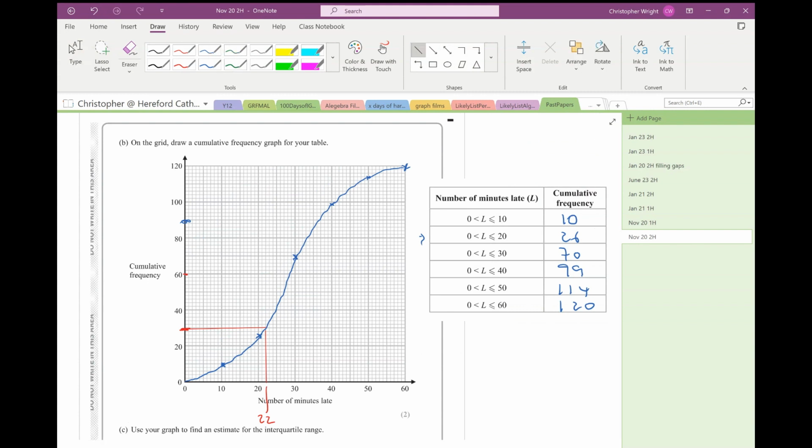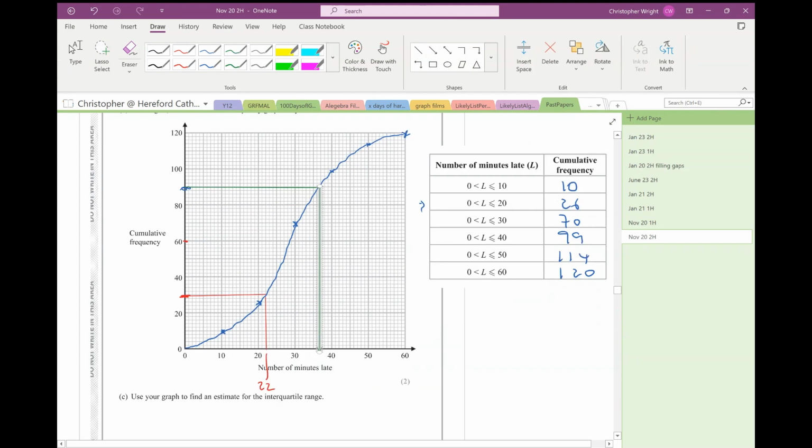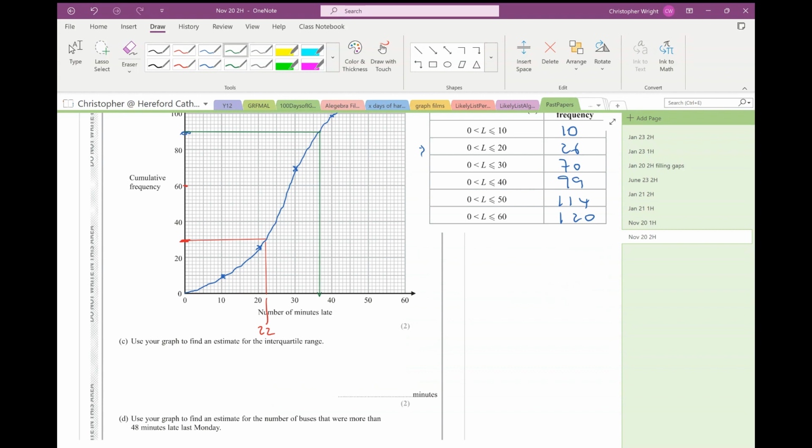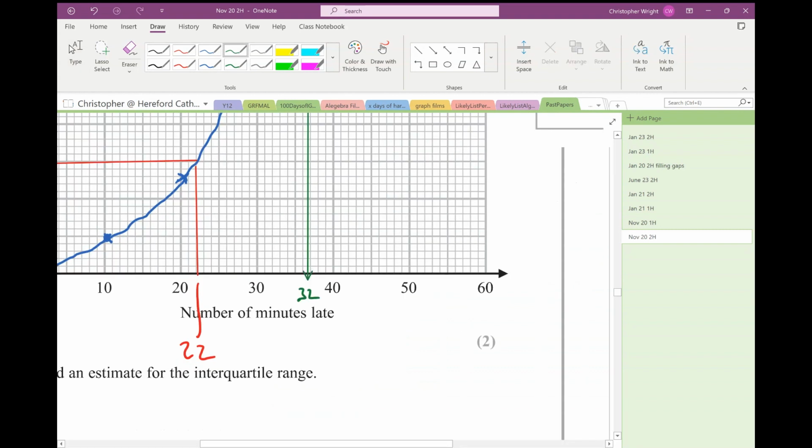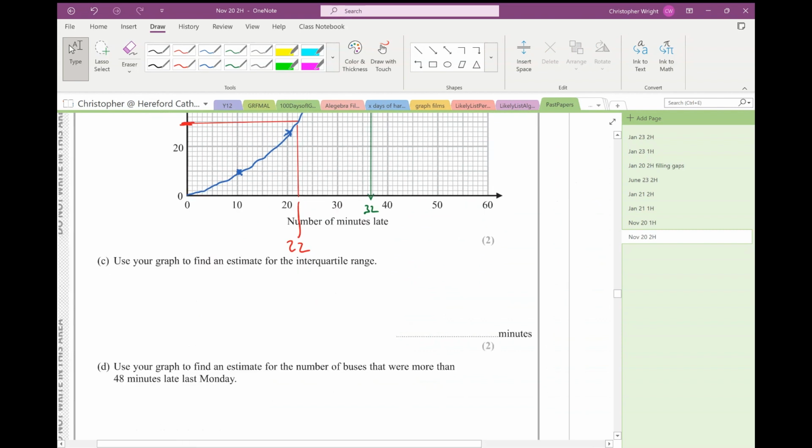Okay, so if I were to draw a line here, and then a line down here, there we go, I make that one, the upper quartile, to be, well, I think it's probably 32. So my estimate for the interquartile range is 32 minus 22, 10.